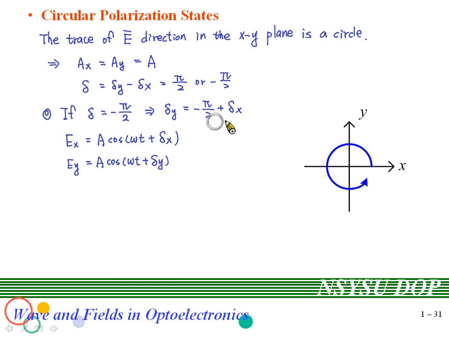And we can replace the delta sub y in this form and rewrite it as A times cosine of omega t plus delta sub x minus half pi. From the sinusoidal function, we know that a cosine function in this form will be equal to A times sine of omega t plus delta sub x.